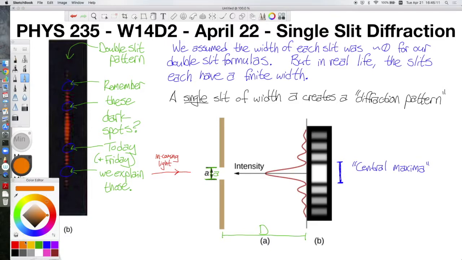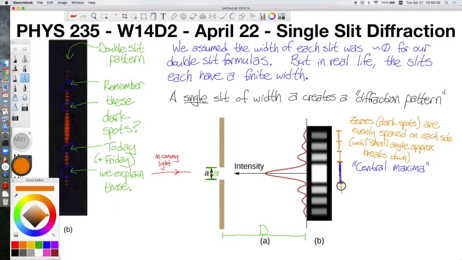And then after that central maxima, we will see that all of our zeros are evenly spaced and will continue to be evenly spaced until the small angle approximation breaks down. And the evenly spaced zeros will continue onto the other side of this intensity pattern as well.